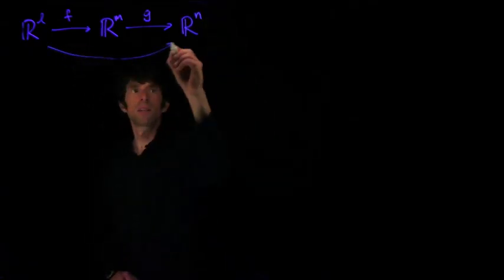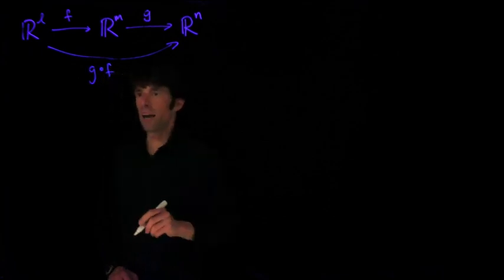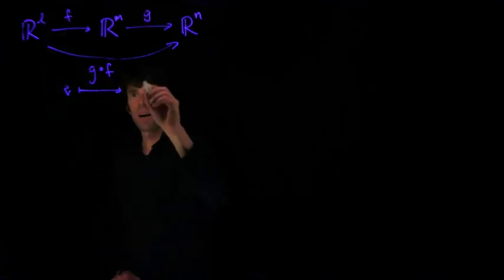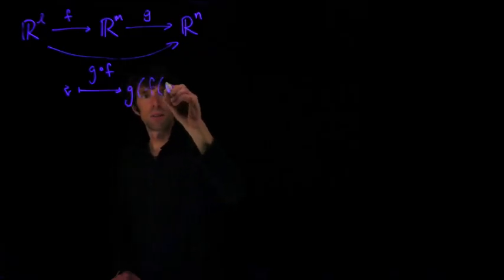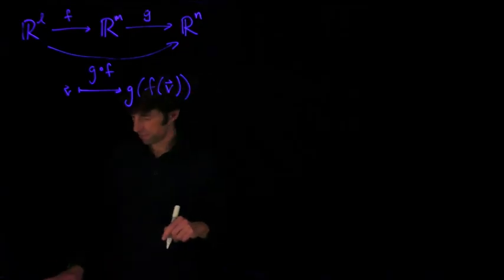Then I can look at the composition function, which is g composed with f. This is the function which sends a vector v in the domain R^l to g of f of v. So that's what that little circle means, composing these two functions.